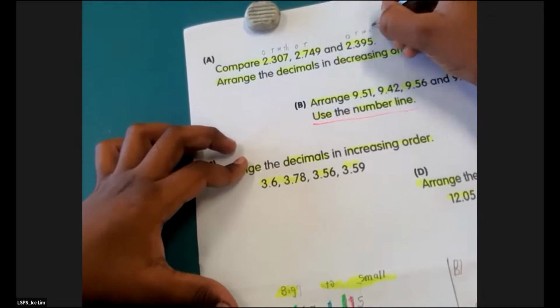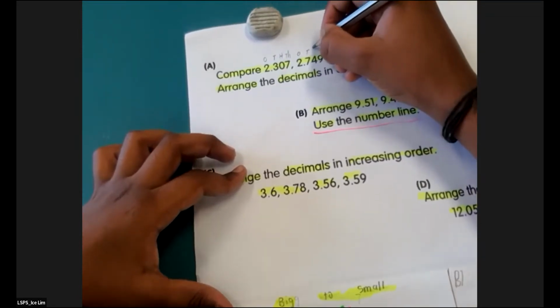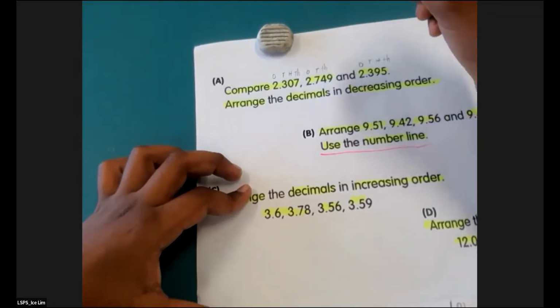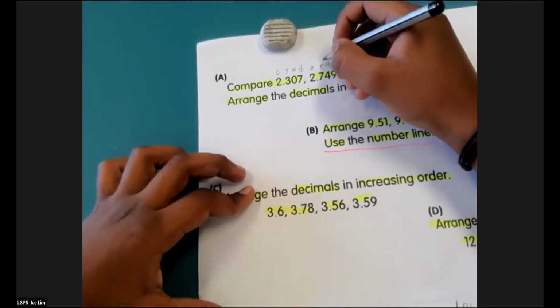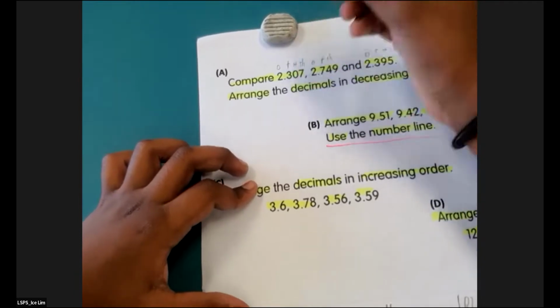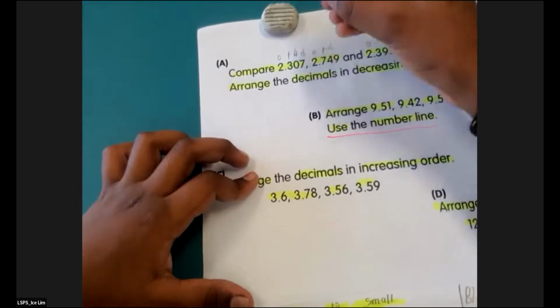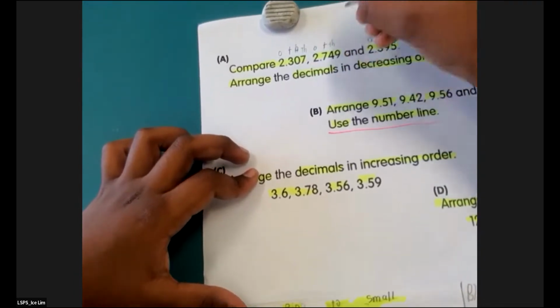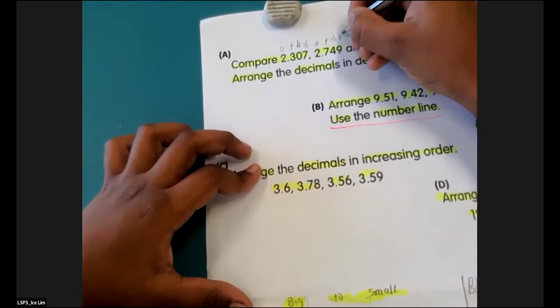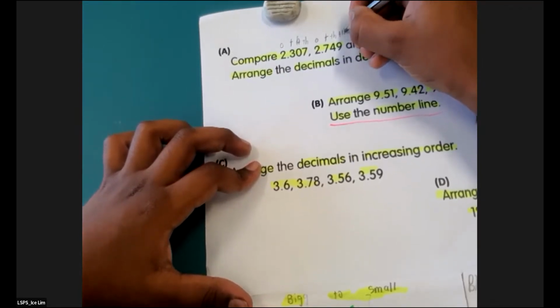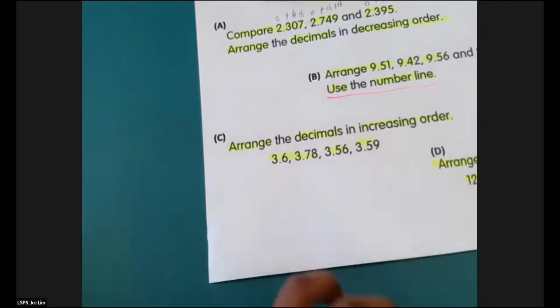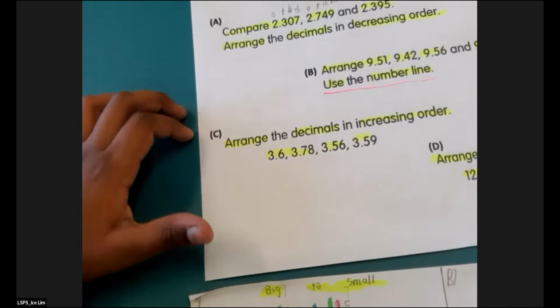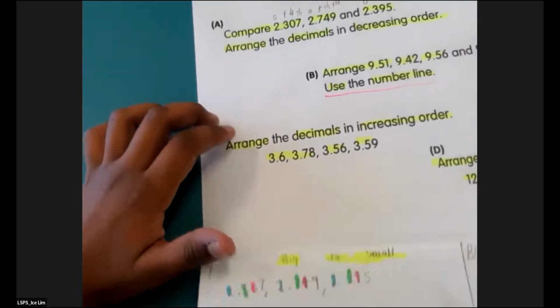Yes. Yep. Good point. Please use small letters for the decimals so that you will not be confused with the big capital letters for the whole numbers places. And this is the 10,000. Do we need the 10,000s place? Don't really need. Never mind, carry on. Decreasing means big to small.